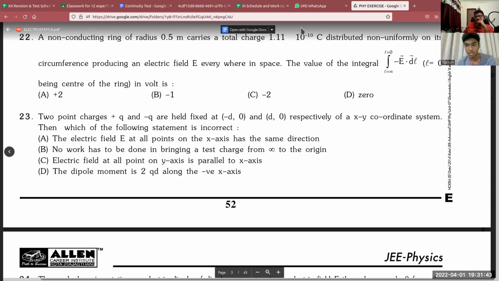So A is incorrect. Yes, sir, plus Q, minus Q. Yeah, it is incorrect. Plus Q and minus Q. Correct.